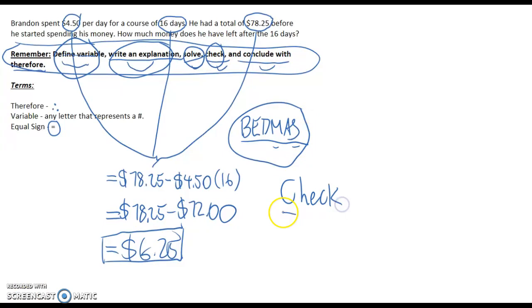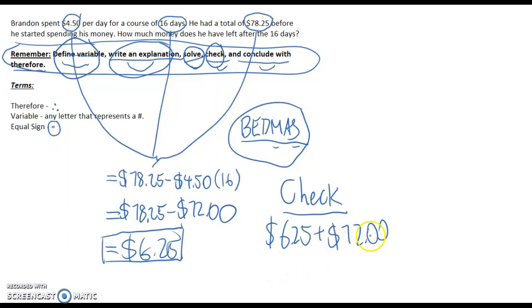Checking is very important in math. $6.25 plus $72, because you want to know for sure that these two combined is $78.25, which is the total that you want.